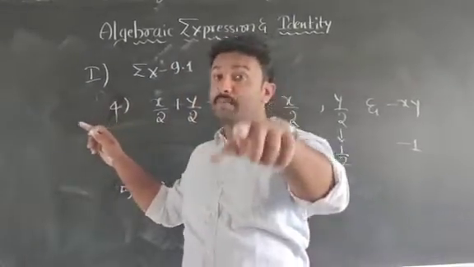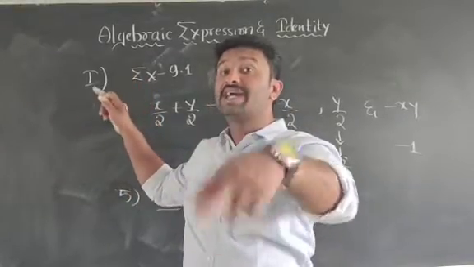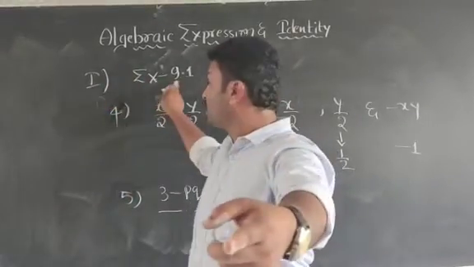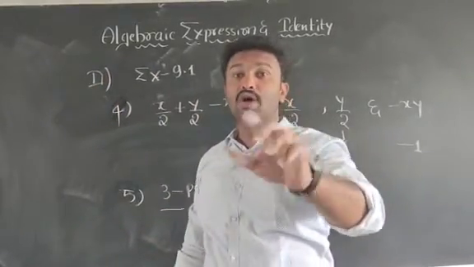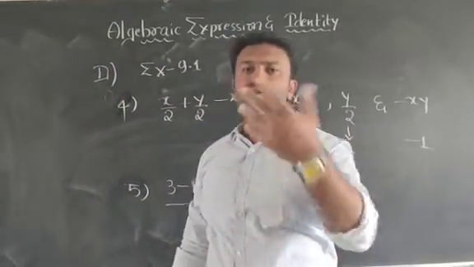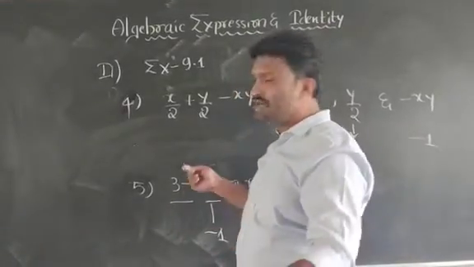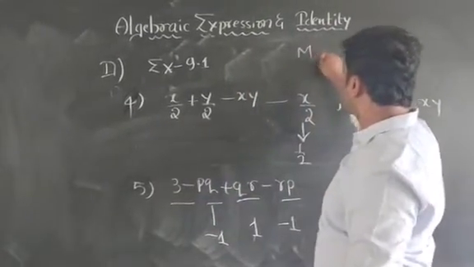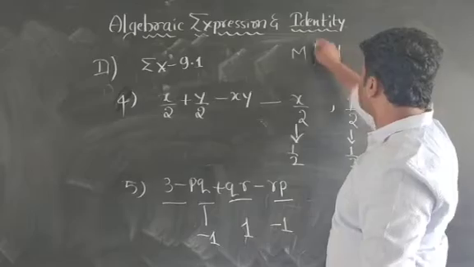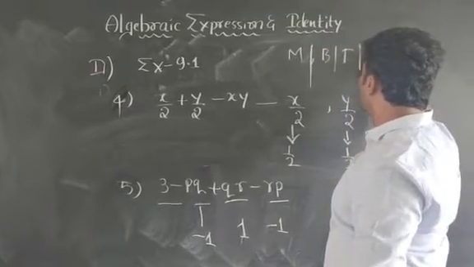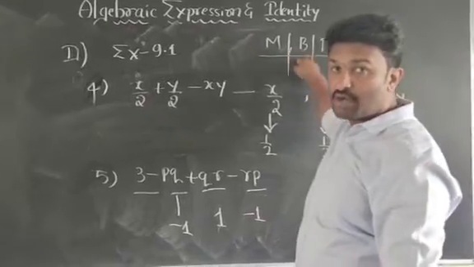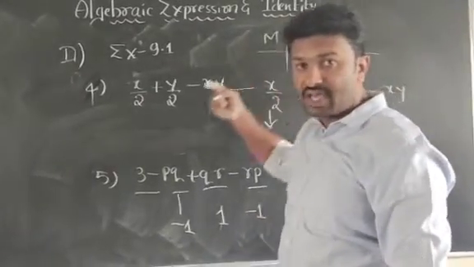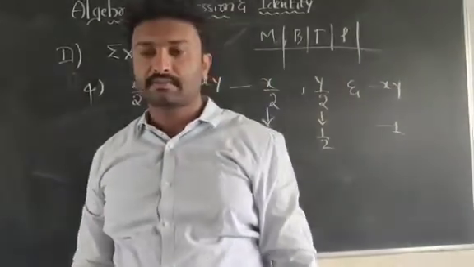Make a table like monomial, binomial, trinomial or polynomial, and below write which are monomials, binomials and trinomials. Okay, it's homework for you people.